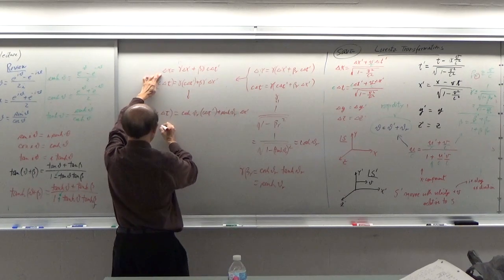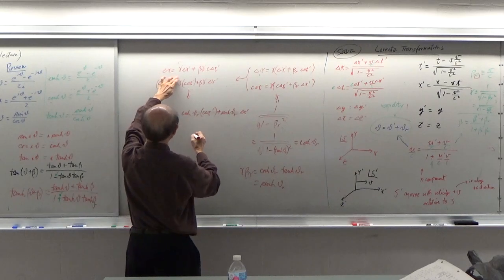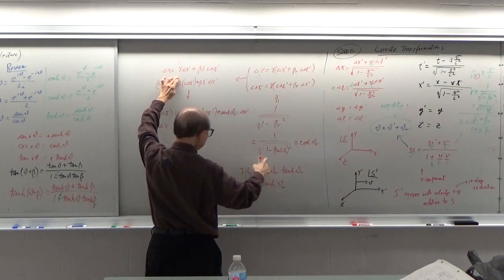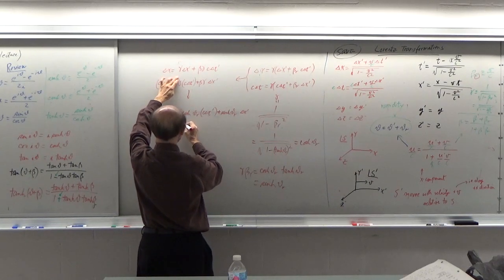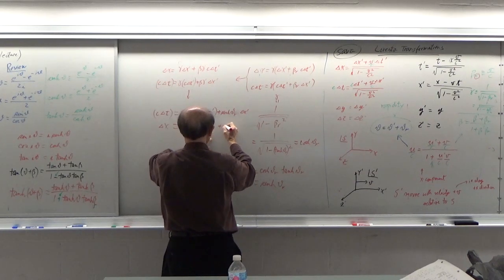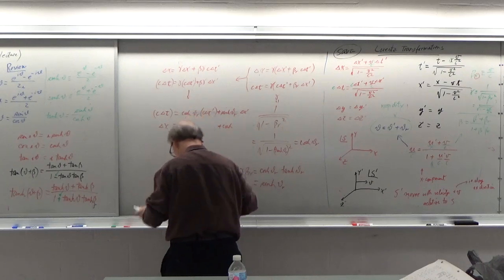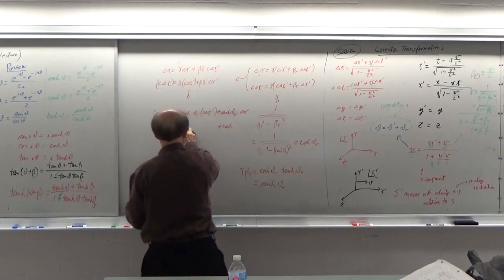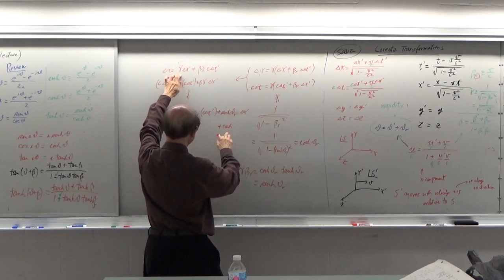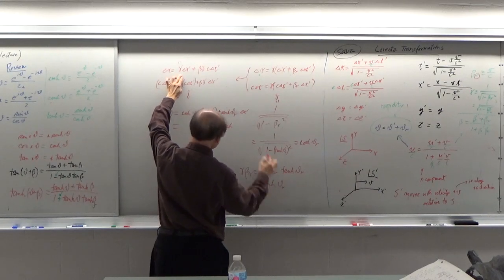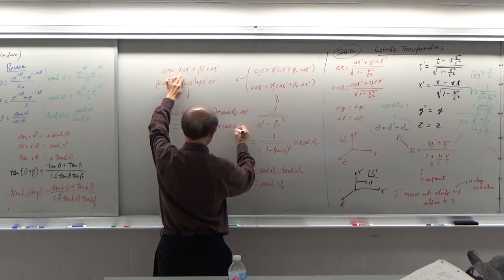And then delta x is equal to gamma, which is cos theta r times delta x prime.